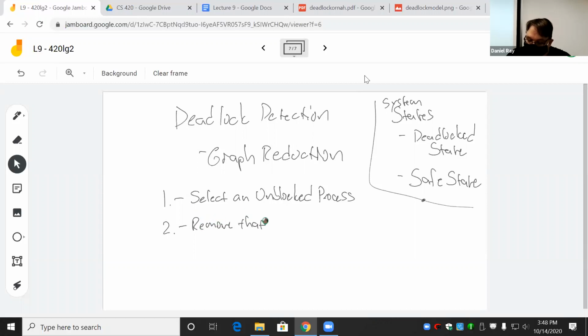And when you remove that process, you also remove all of its acquisitions. The process is gone, and all the arrows pointing to the process are gone. So effectively, it's as if that process finished running and released all of its resources.